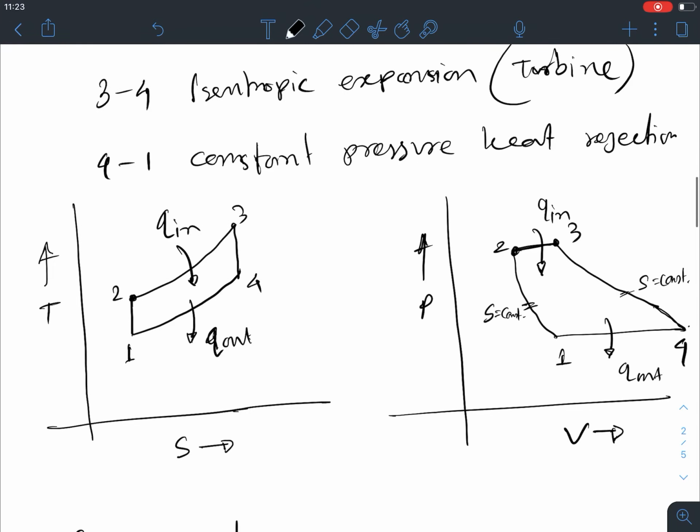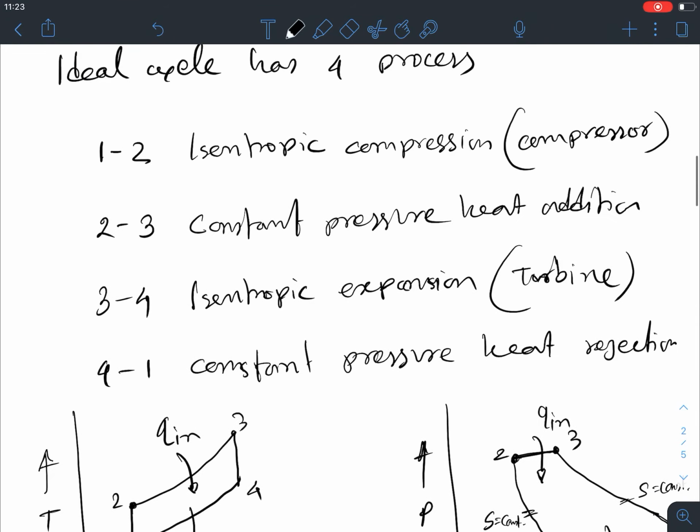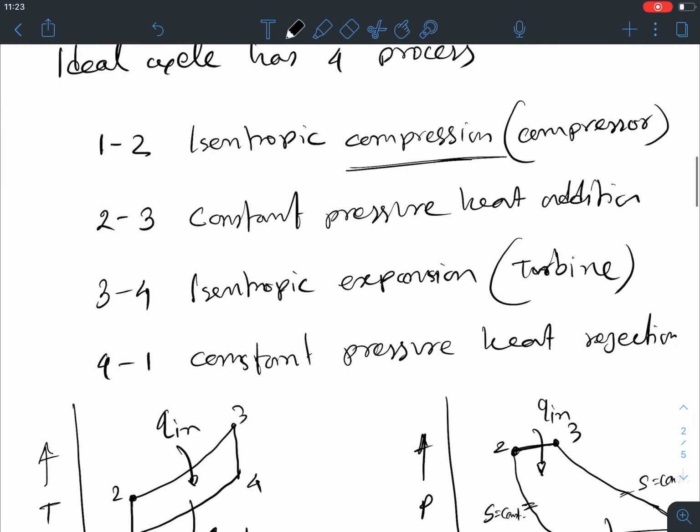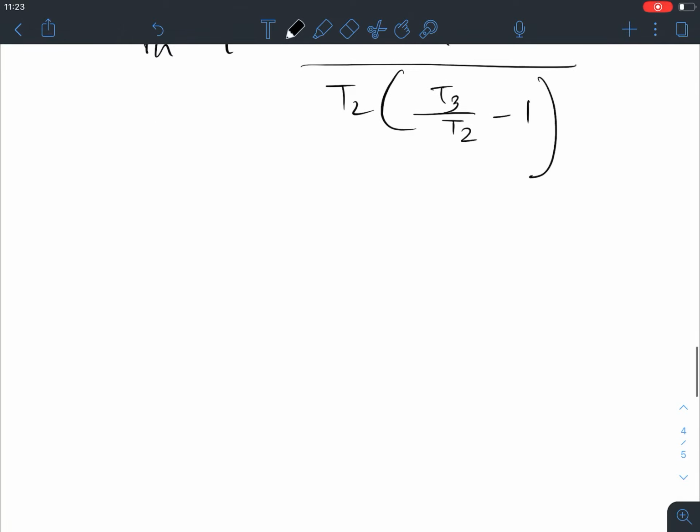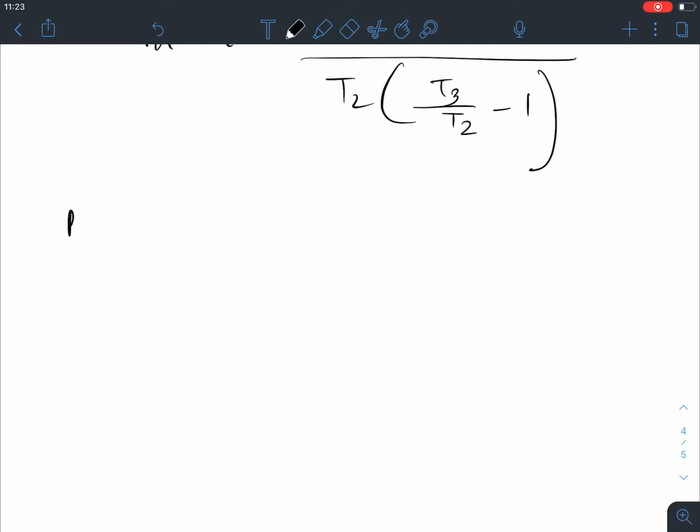Now process 1 to 2, if we look at this process here, is an isentropic compression process.